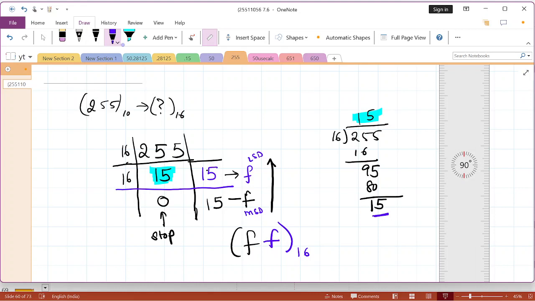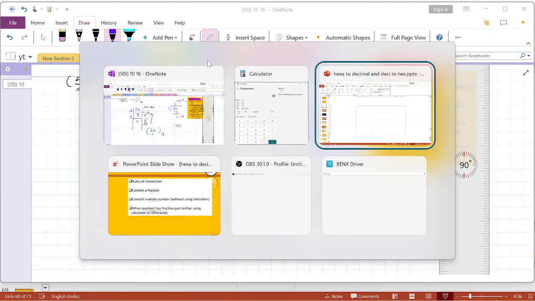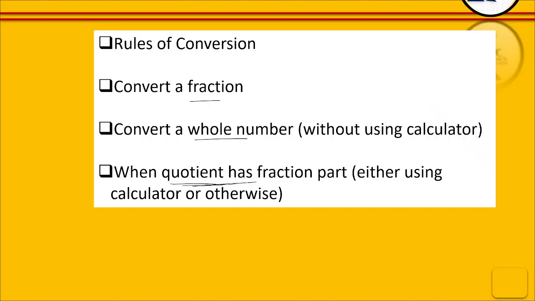Right? So up till here, we were not using a calculator. We solved this entire thing by not using a calculator. But let us see what happens when we solve this value 50 using a calculator. So here we will revisit this point. It says that when the quotient has a fraction part, either using a calculator or otherwise, then the rule will be slightly different. So what is the rule?